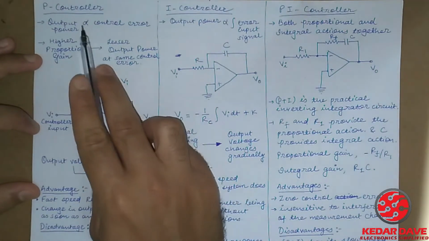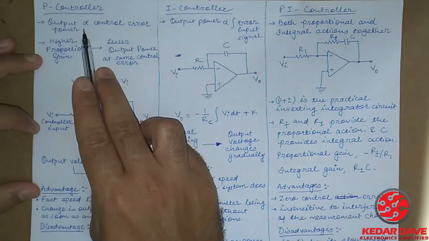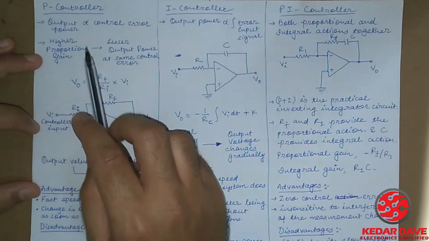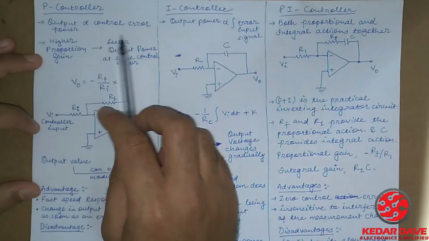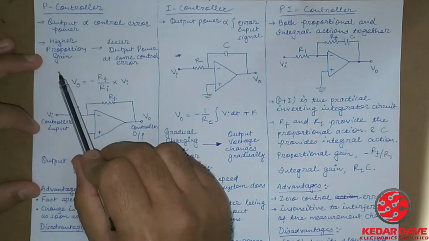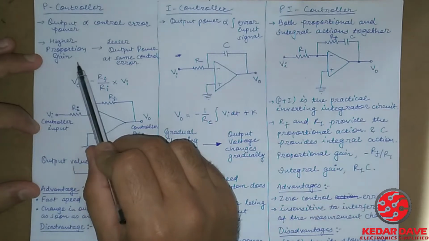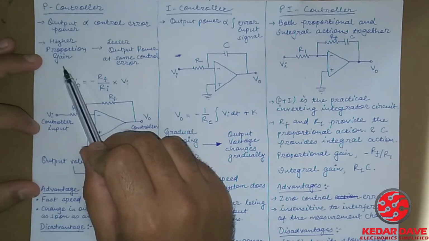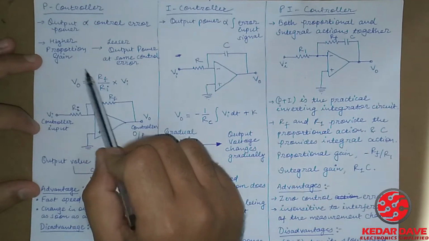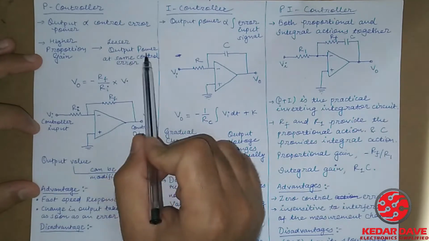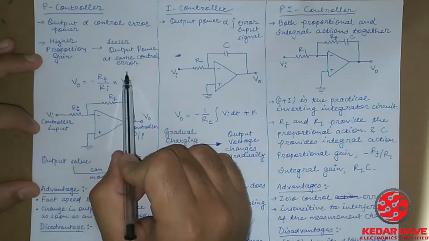That is the main concept of this P controller: output power is directly proportional to the control error. After that, if we further discuss the proportional gain, a higher proportional gain will result in lesser output power at the same control error.